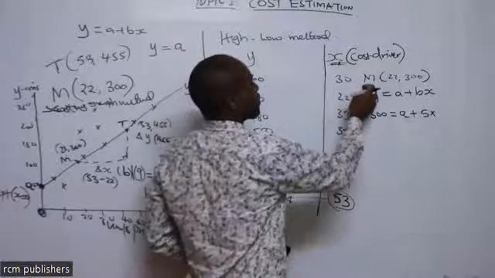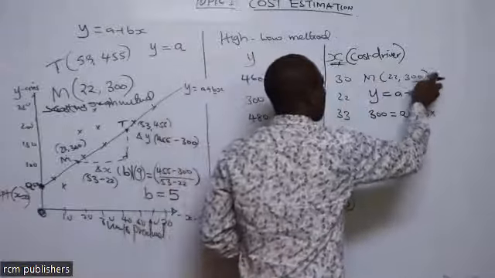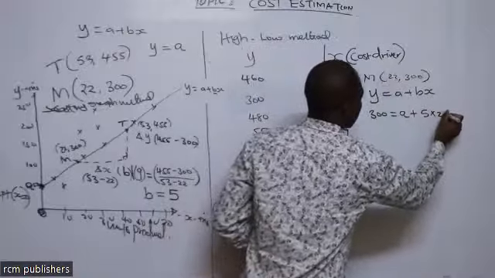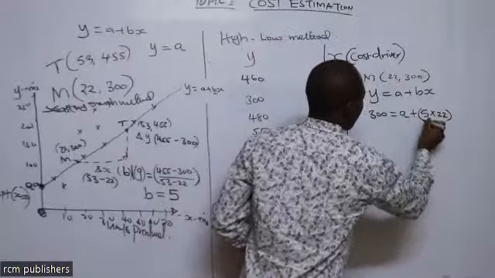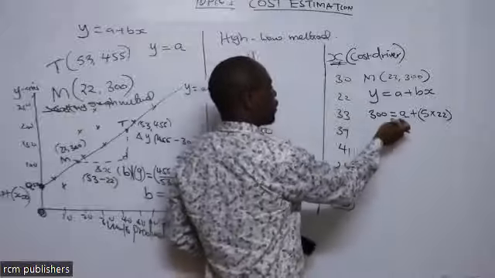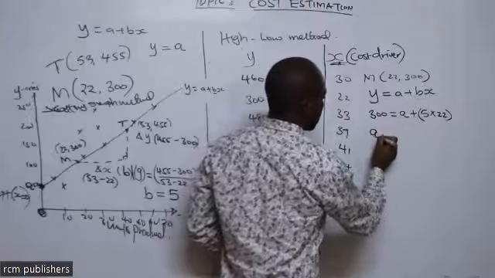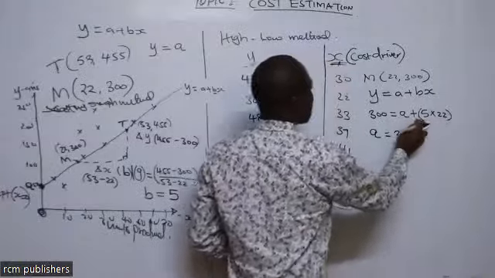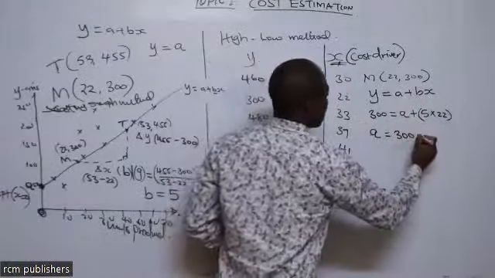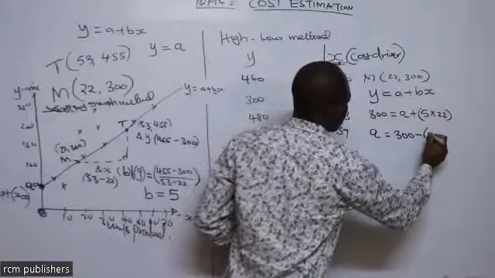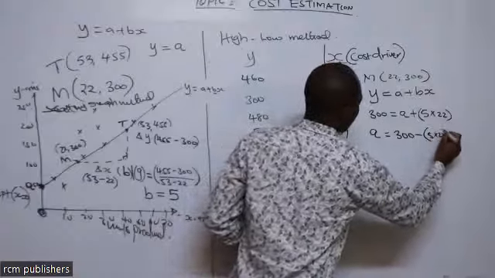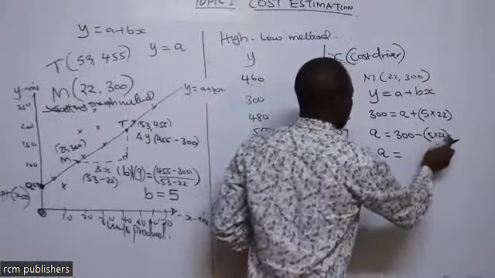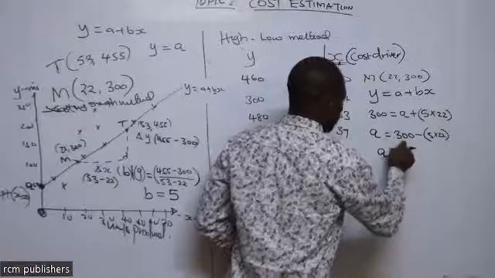What is our x in this particular coordinate where we got the 300? It is 22. So we multiply by 22. It means for us to get the value of a, we will say a is equal to 300. This one is plus. If it crosses the equal sign, it will be minus 5 by 22. So the value of a is therefore equal to 5 by 22 subtracted from 300.